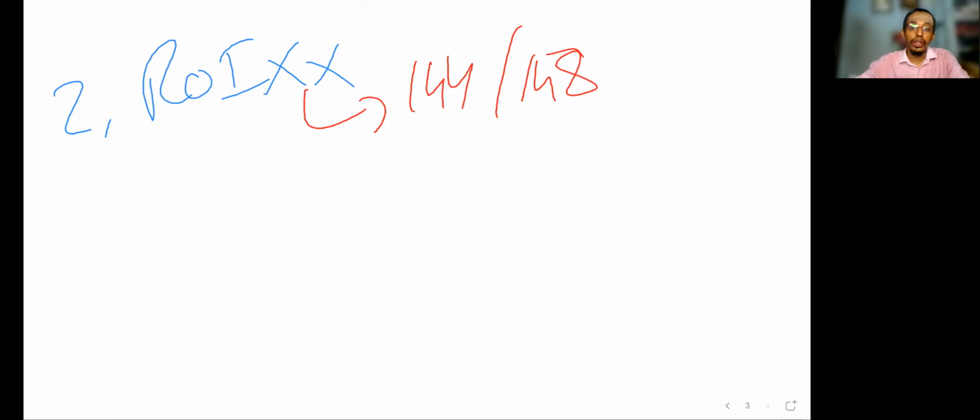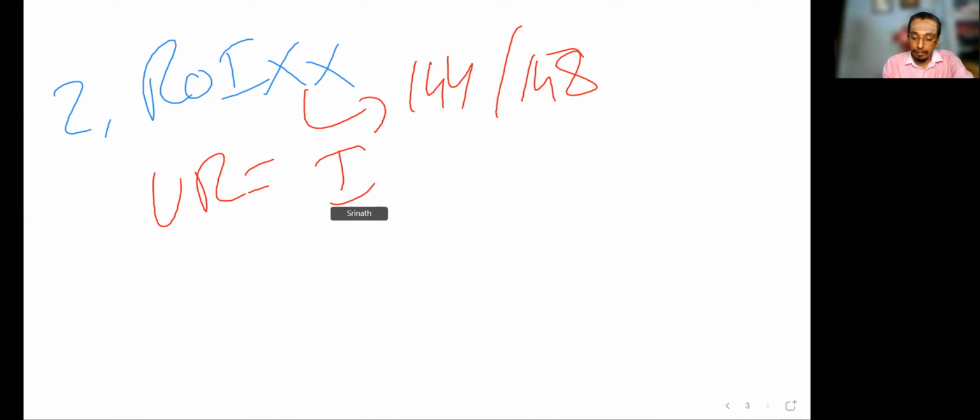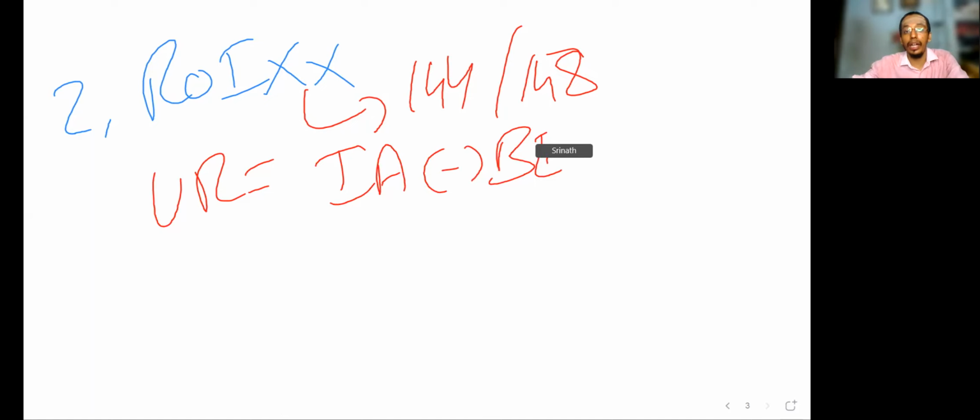Now, let's understand how we need to compute in this case. Underreporting of income would be equal to income assessed minus basic exemption.